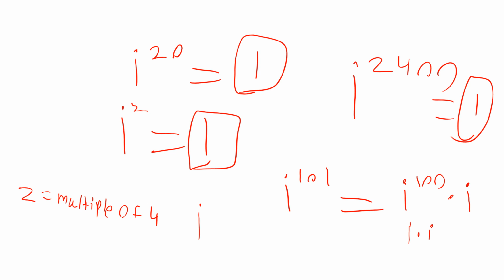So i to the 101 is just i. So we can see we can do cool things with i. We can raise it to huge powers and be easily able to figure it out.